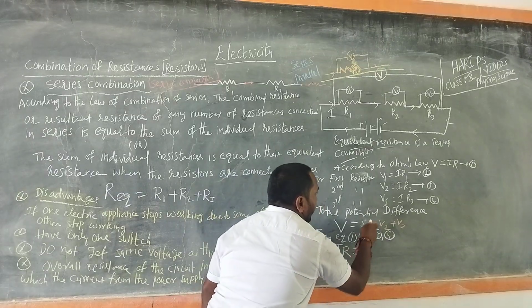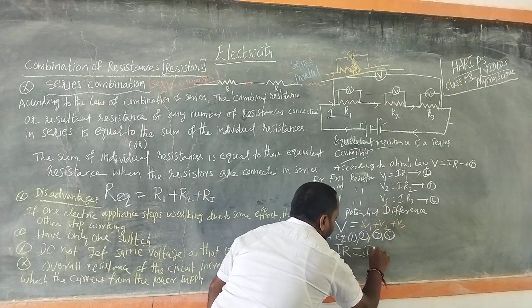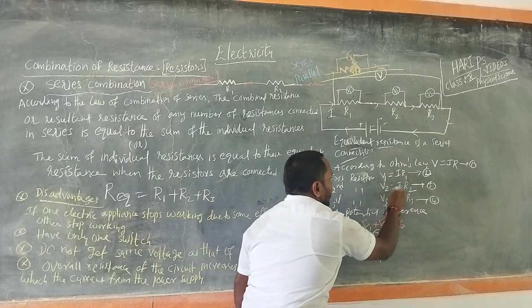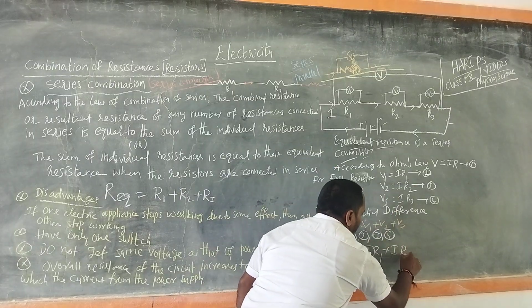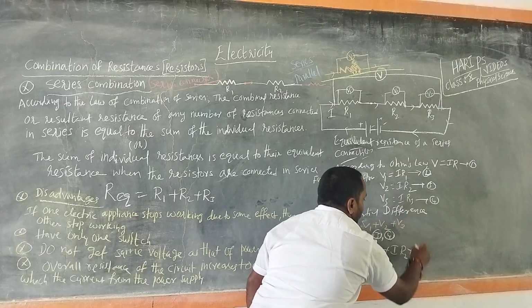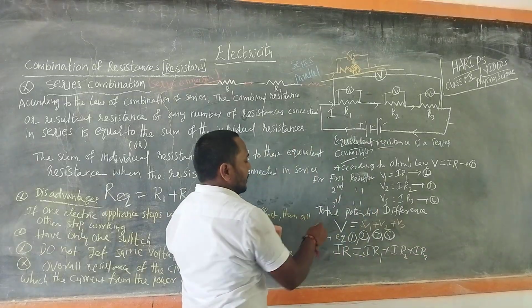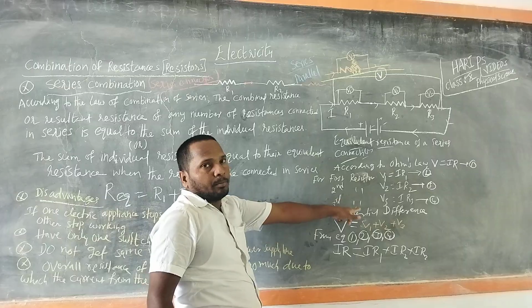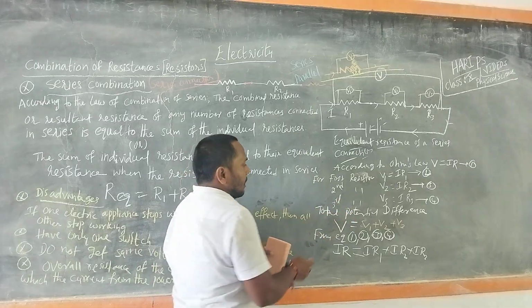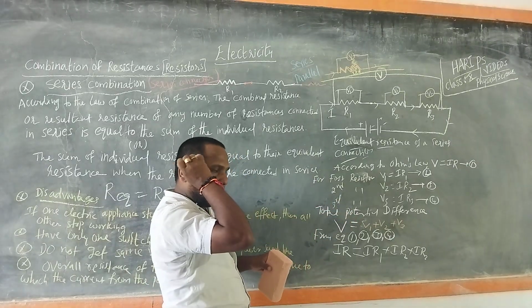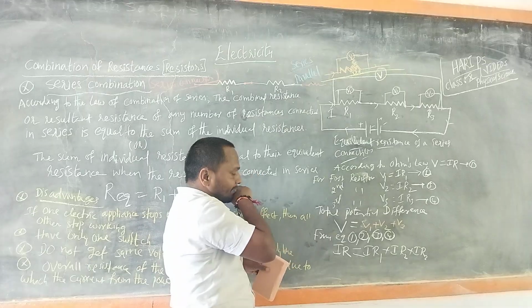That's equal to V1 is IR1 plus V2 is IR2 plus V3 is equal to IR3. So here we are calculating the resultant potential difference or the equivalent potential difference.